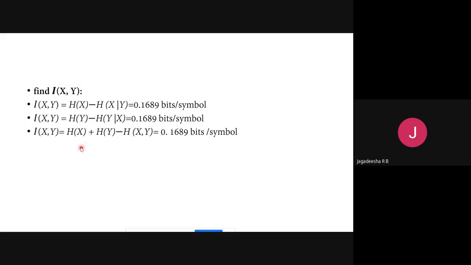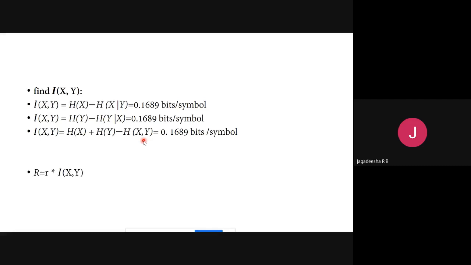And then the combination of the first and second properties, that is H(X) plus H(Y) minus the joint entropy between input and output. So this is how we find I(X,Y) for all the three cases. Does anyone have any doubts? Okay, I move forward to the next step.